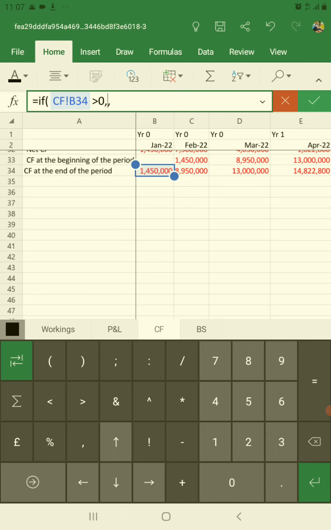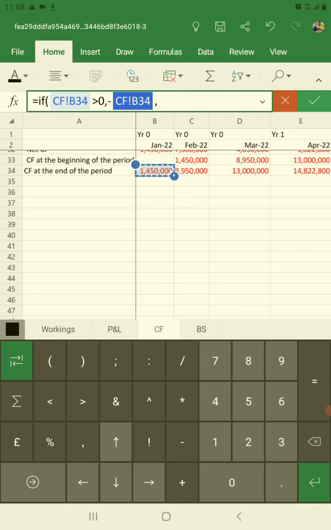So if cash flow B34 is greater than 0, that means it is positive. Then on the bank overdraft side, you should insert 0. Otherwise, you should insert this figure, but because this figure is negative, we start with negative number and then select this figure, so that it turns out positive when we report it in the balance sheet at bank overdraft.